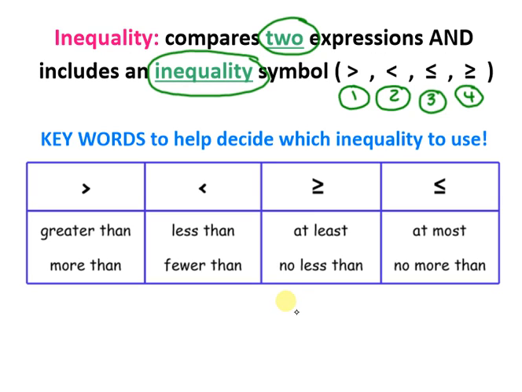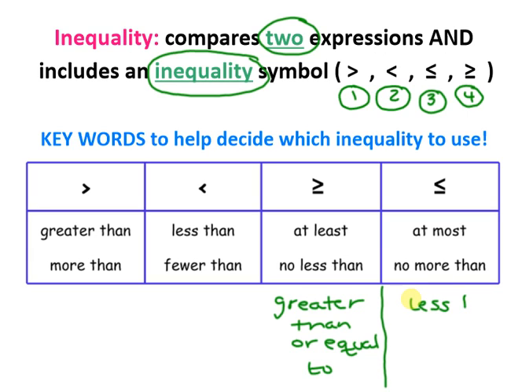You'll also hear greater than or equal to. And then the fourth one, at most, no more than. And the other one that you'll hear is less than or equal to.